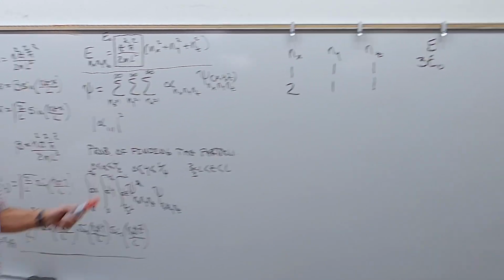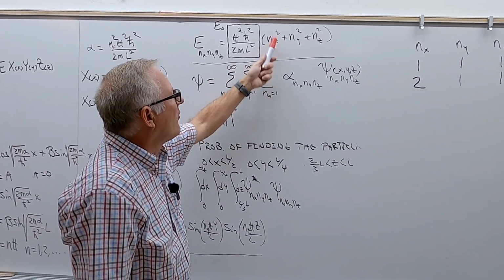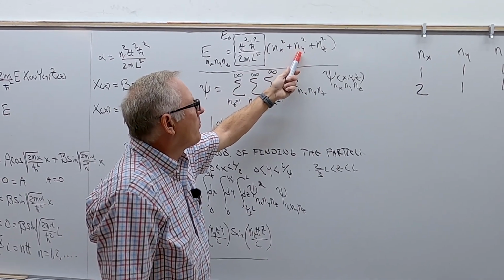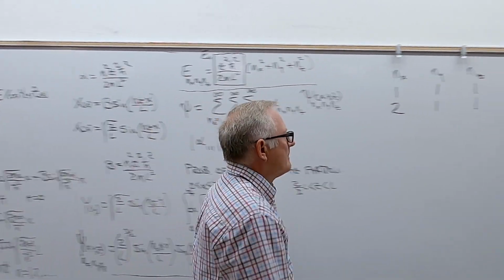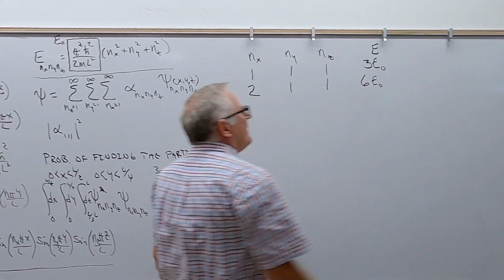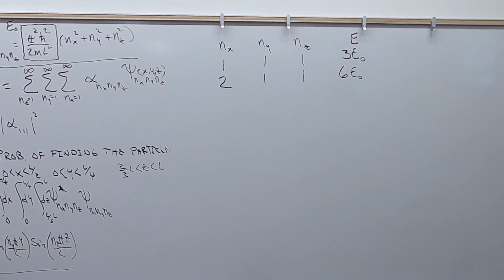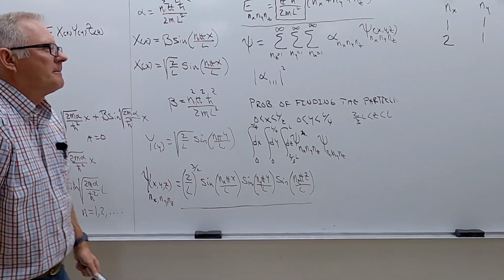Well, if this is 2, so you got 4 plus 1 squared plus 1 squared, that's 6 E naught. So this would be 6 E naught, and that would be the wave function. You'd put a 2 in there, a 1 in there, and a 1 in there.